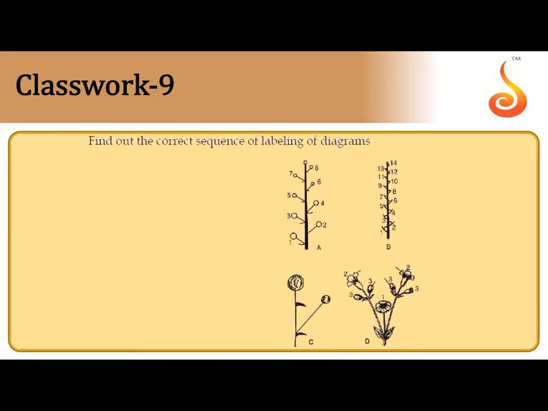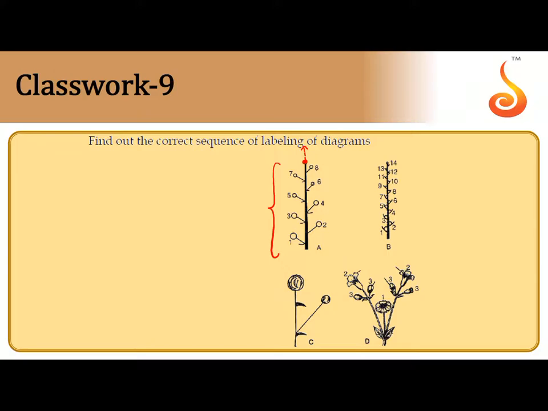Now see, they have given some inflorescences here. In this inflorescence, the first one looks like a racemose inflorescence, isn't it? You can see there is typical acropetal succession over here. But imagine this is not the flower, this is the meristem, so it can grow continuously upwards.